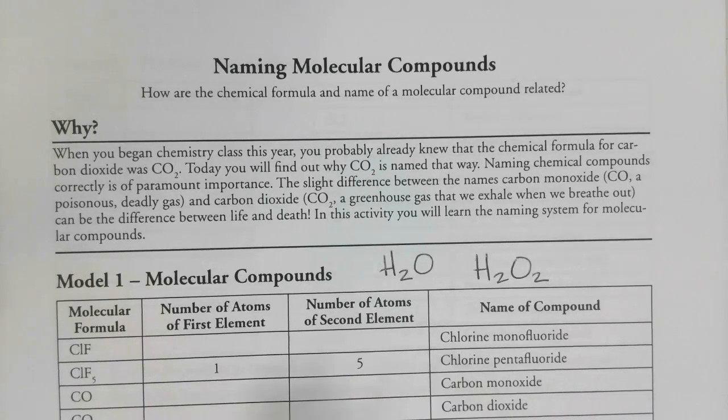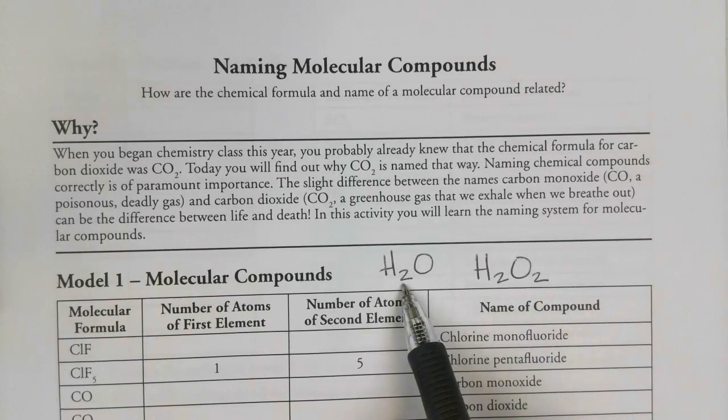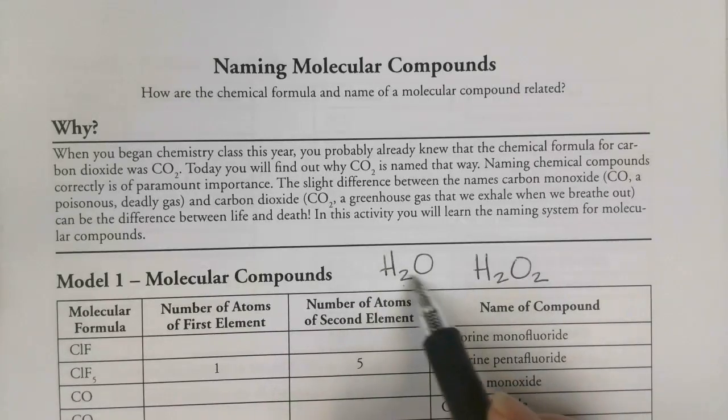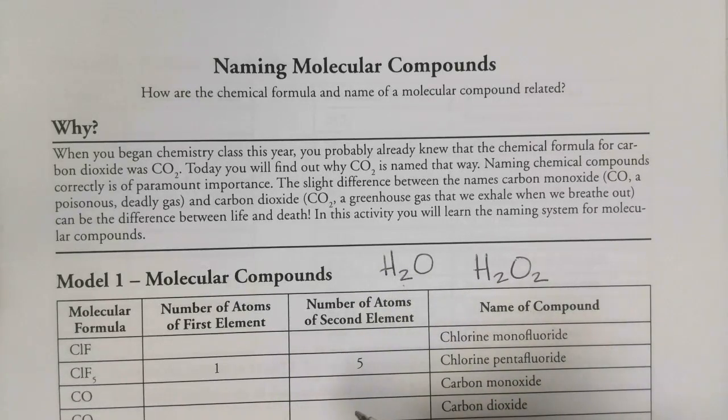The rules for naming covalent compounds say that in order to tell how many atoms of each element are in the compound, we're going to use a prefix that designates how many atoms there are. So in this compound, the two elements are hydrogen and oxygen, the compound being water. There are two atoms of hydrogen and one atom of oxygen.